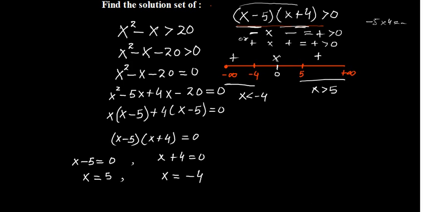Now you can pick any value of x that is greater than 5 and put it in those factors, and that will be greater than 0. It means our solution set is x less than minus 4, or x greater than 5. I can write it in a different color so you may not be confused. So this is our solution set.